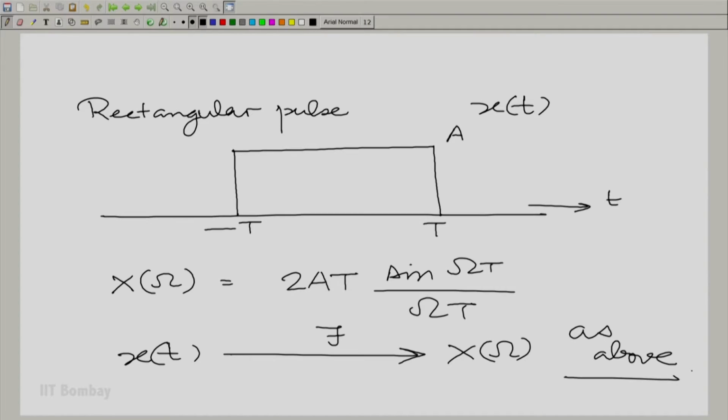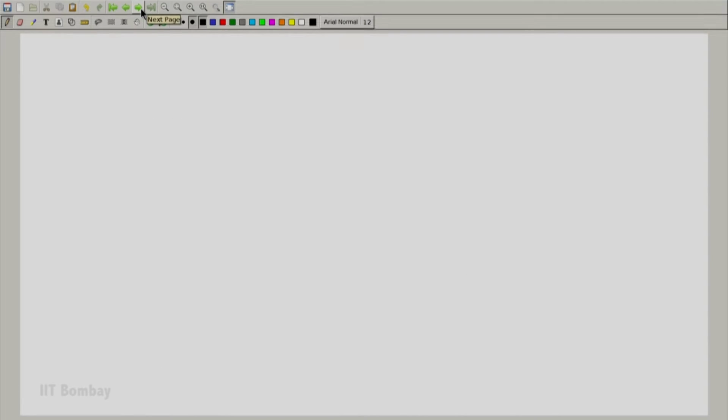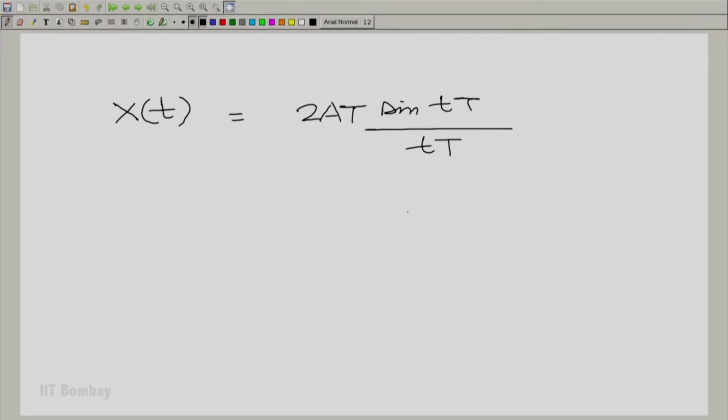Now, let us invoke duality, and in doing so let us write down capital X of t would look like 2aT, of course, as usual, sin tT by tT.